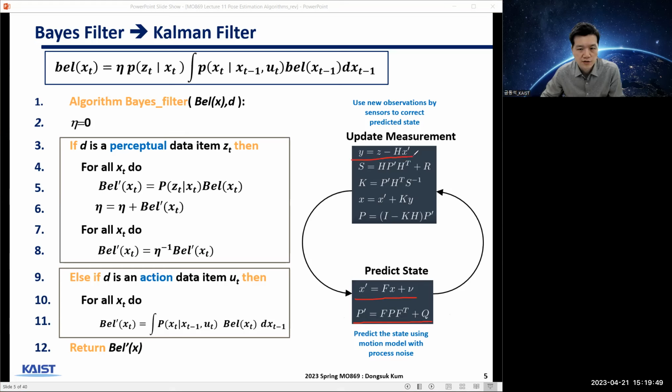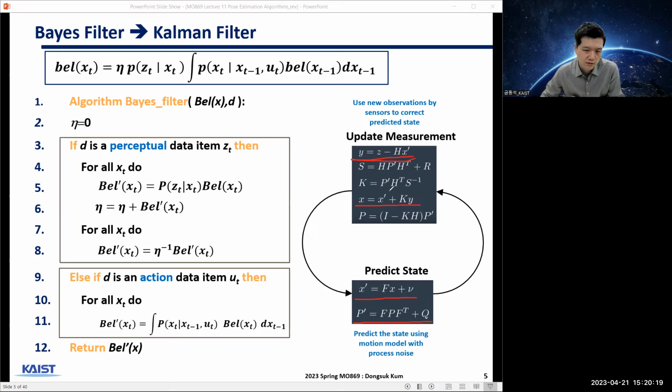And here is the measurement model, sensor model. And here is the equation for x, which is a state, and y, where y is z minus hx prime, which is the correction term.